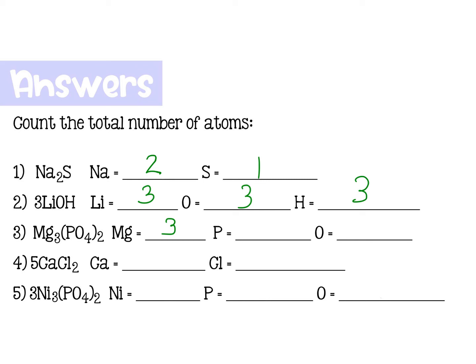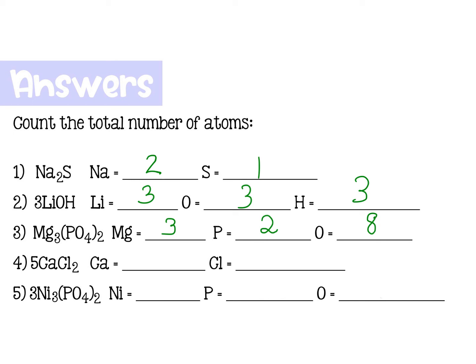This means that although there is no subscript on P, meaning there's only one phosphorus, we will need to multiply by the 2 outside parentheses, so 1 times 2 gives us a total of 2 phosphorus atoms. Now we're going to look at oxygen. Notice how there is a subscript of 4 on the oxygen, and it is inside parentheses. So 4 times 2 gives us 8 oxygen atoms.